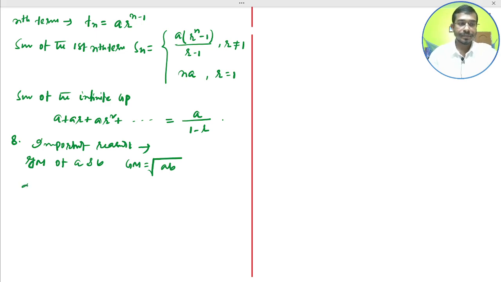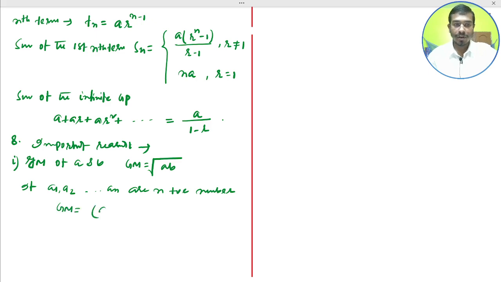If A1, A2, dot dot An are n positive numbers, then the geometric mean would be GM equal to A1 A2 A3 dot dot An to the power 1 by n.